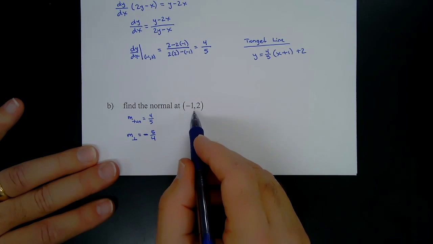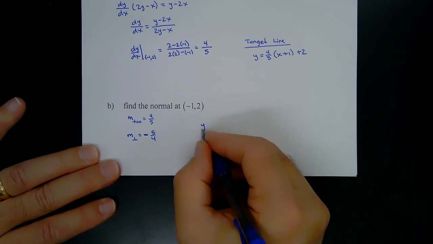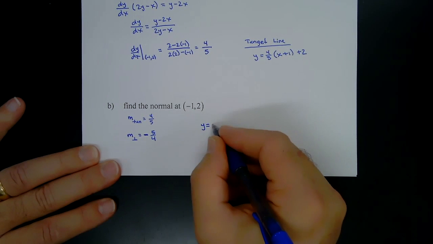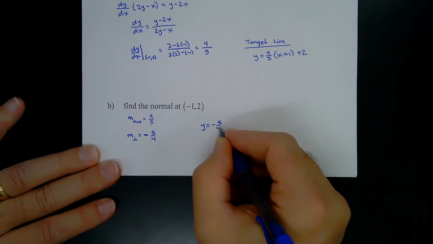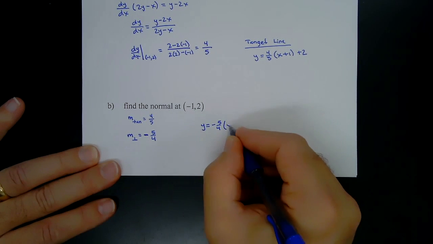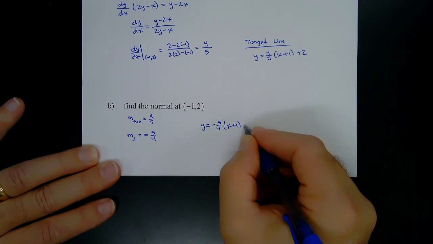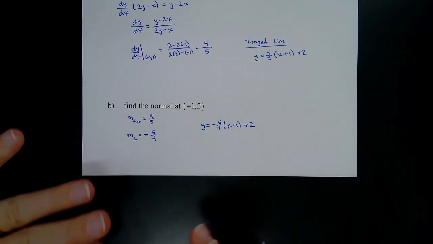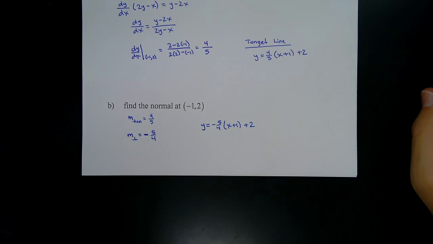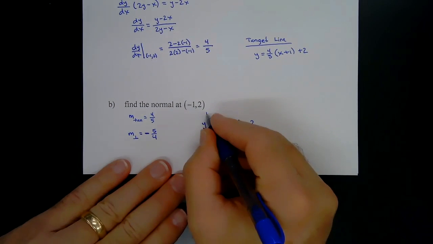And we still need to go through this point. So our equation for our normal line would be y is equal to negative 5/4 times (x plus 1) and then plus 2. And that's the equation of your normal line. Maybe I should write normal line here.